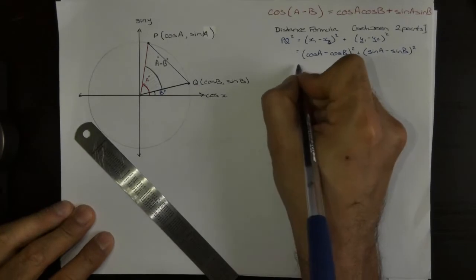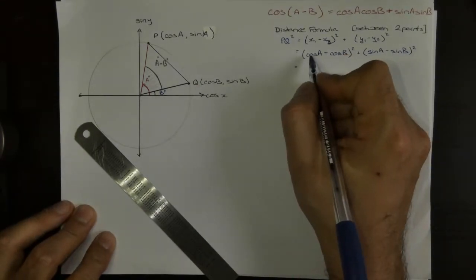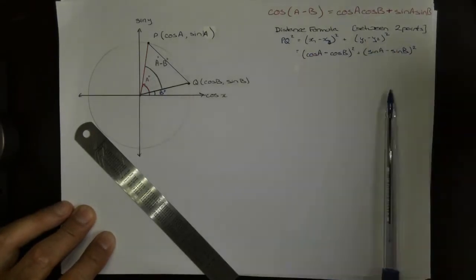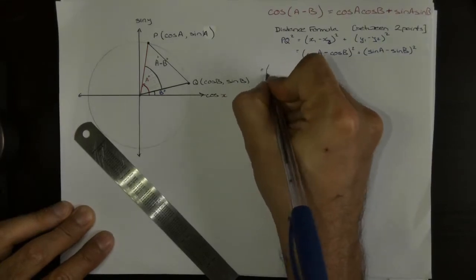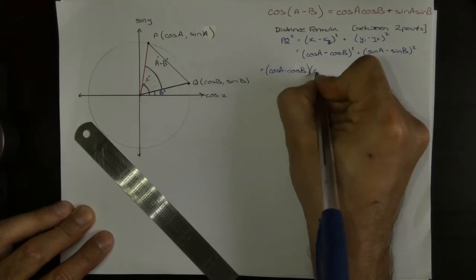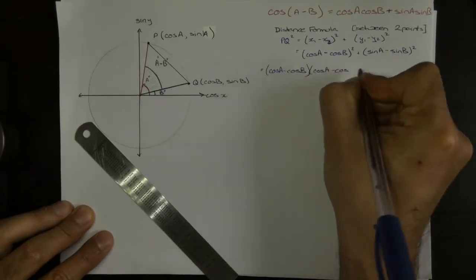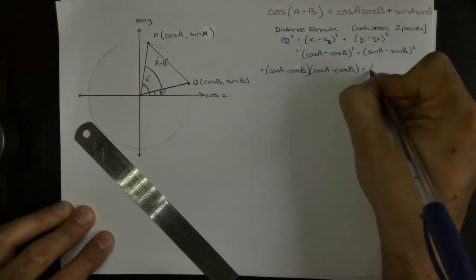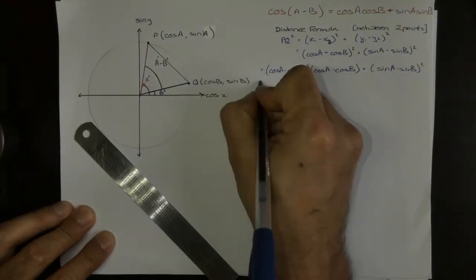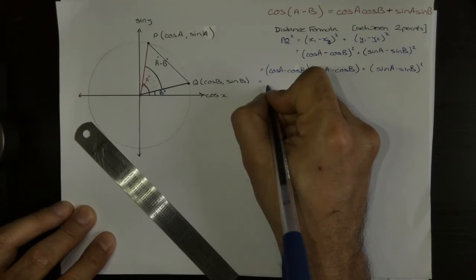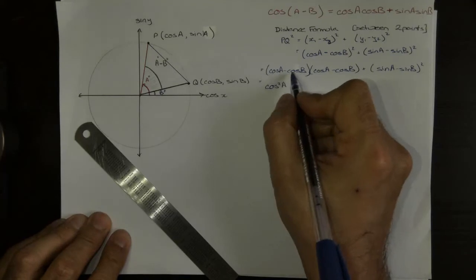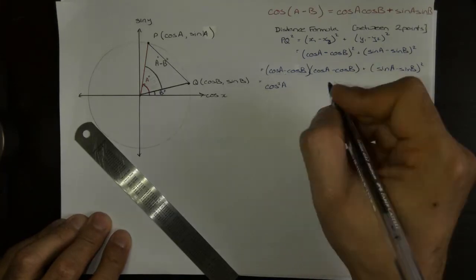Okay, now we're going to expand that. Obviously this means cos A minus cos B times cos A minus cos B. And obviously this is sine A minus sine B times itself again. So when that happens, we square the first term. So cos A times cos A is cos squared A. Multiply the two terms together, so it's negative cos A cos B, and double it.